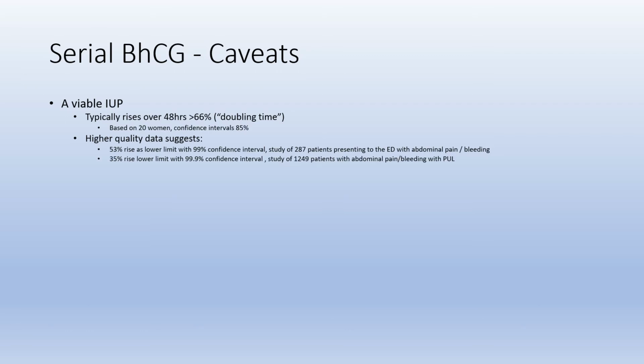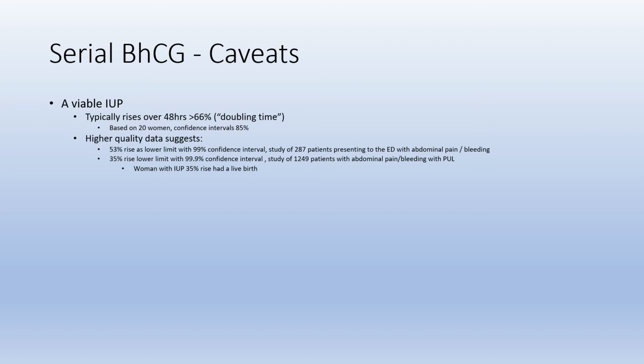Subsequent to this, there was an even larger study done with over 1,200 women, again symptomatic and presenting to the emergency department and diagnosed with a pregnancy of unknown location, that found there was even a woman who progressed to a live birth who had a Beta HCG rise of only 35%.